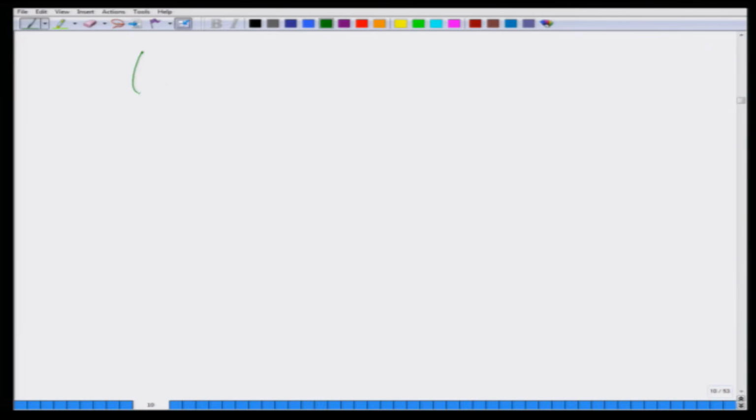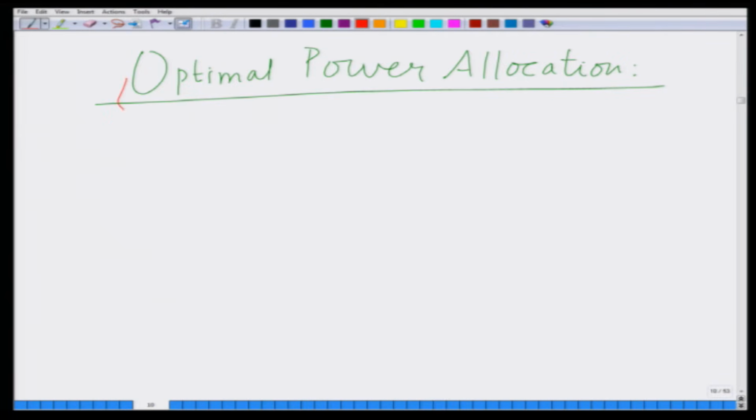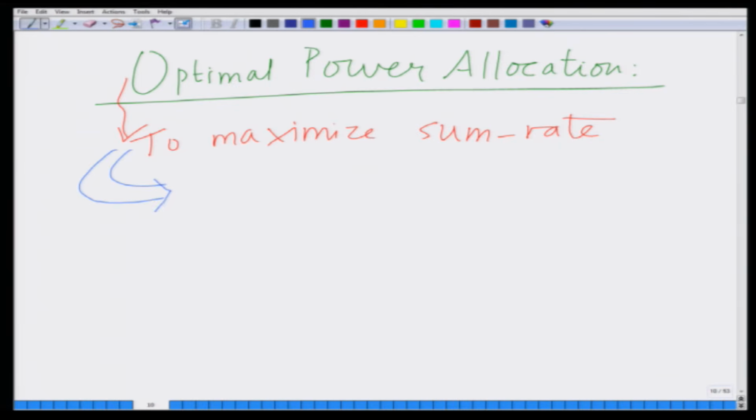Okay. Now, let us look at optimal power allocation, if the transmit power is P. Optimal power allocation to maximize the sum rate, which implies achieving the Shannon capacity.